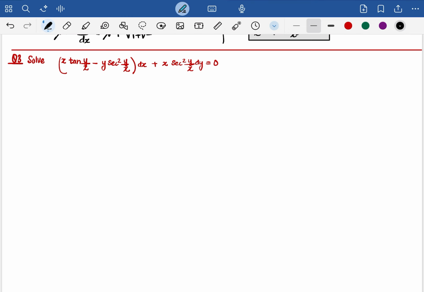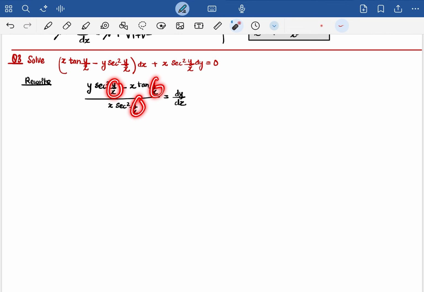So can we rewrite this equation? In simplified order, can we say y sec square y by x minus x tan y by x, and divide the whole equation by x sec square y by x. So this is nothing but dy by dx. If you can see, the y by x term is there, hence it's a homogeneous function.